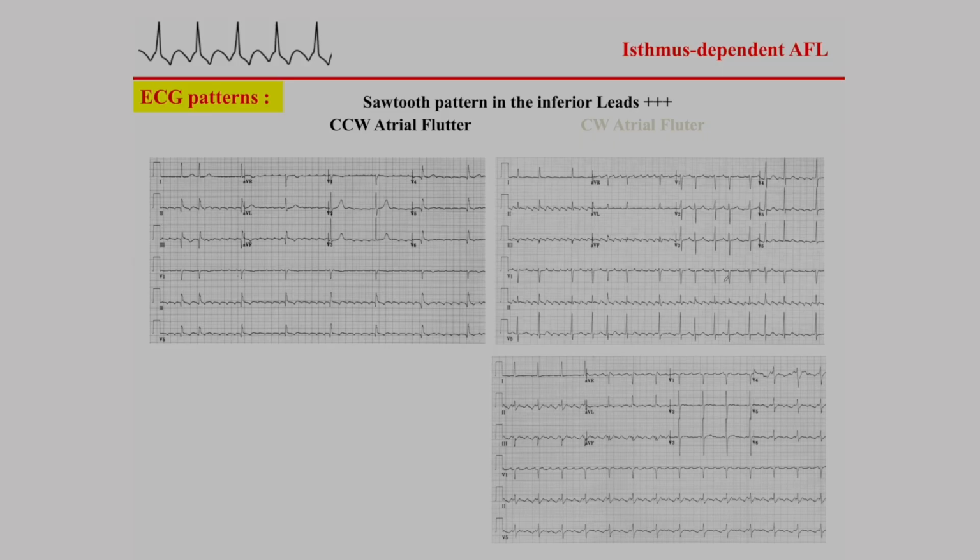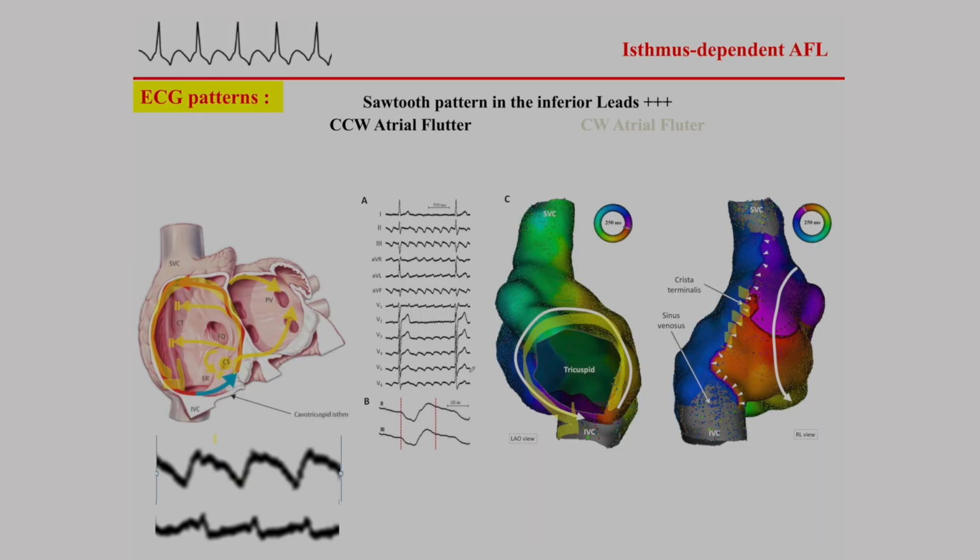In the middle, we have the classic feature of counterclockwise atrial flutter in the ECG, with negative deflection in the inferior leads, as we see exactly here, and positive in V1. And the important thing that you will notice in the inferior leads is this slight descending plateau phase.